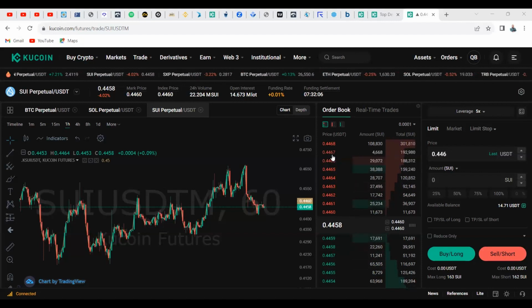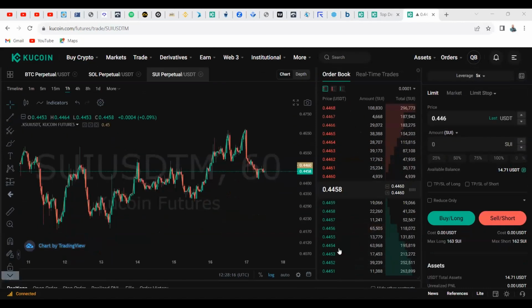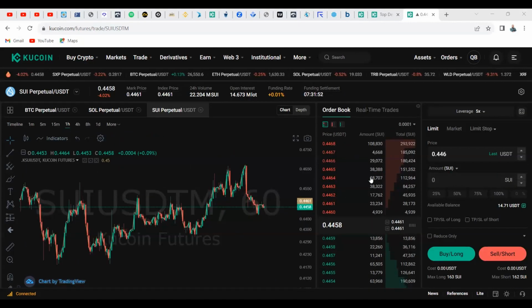Okay, so an order book is a separated list of buys, or what we call bids, okay, and sells, what we would essentially call asks. Okay, so you can see right over here, these are your bids, and here at the bottom, these are your asks. Okay, so this would be your buys, and then these would be your sells.